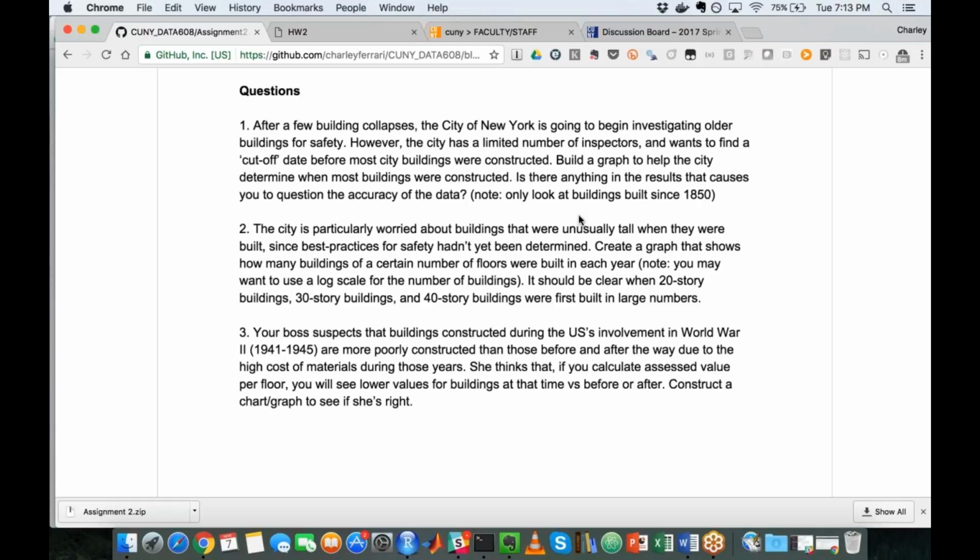Everyone got the fundamentals of this, where you need to calculate the assessed value per floor. You have assessed value and you have number of floors, so it's pretty easy to arrive at that.